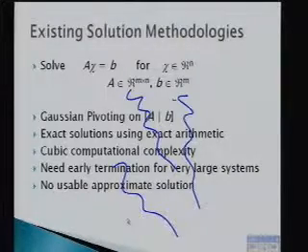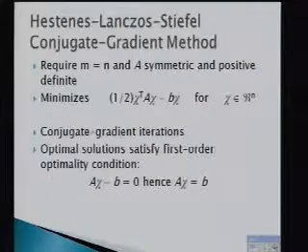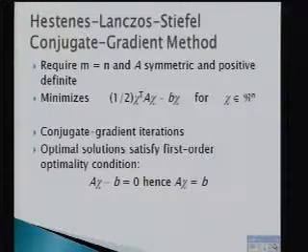So you've wasted your time. And so over the years, people have tried to solve large-scale systems in a different way. Probably the earliest effort was in the early 1950s by Hestenes, Lanczos, and Stiefel, the so-called conjugate gradient method.